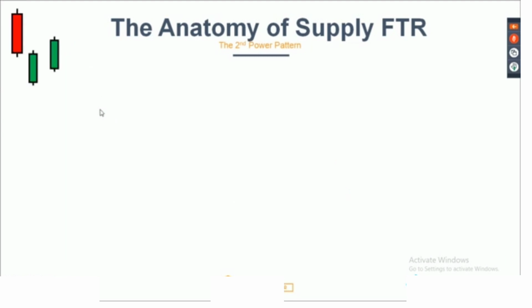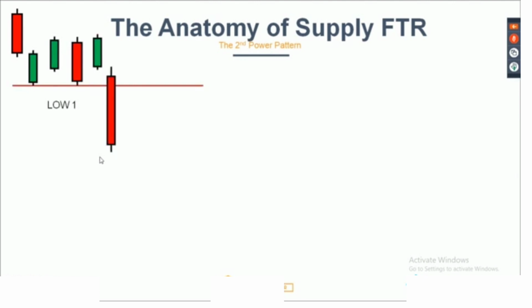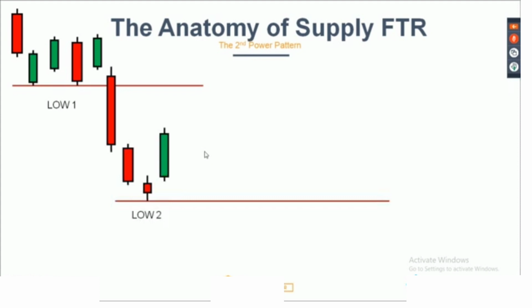The same thing in the form of candlesticks. A low is formed. Step number 1. Step number 2, low is broken. Step number 3, low 2 is formed. Step number 4, base is formed.